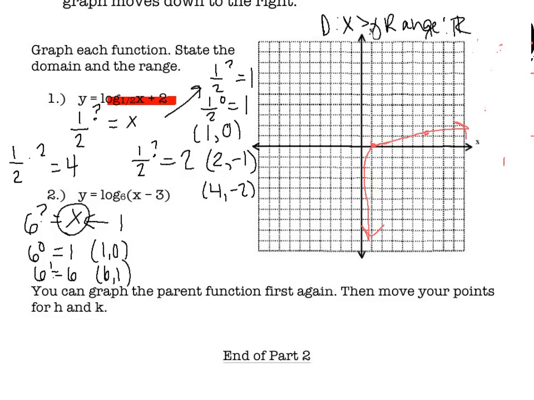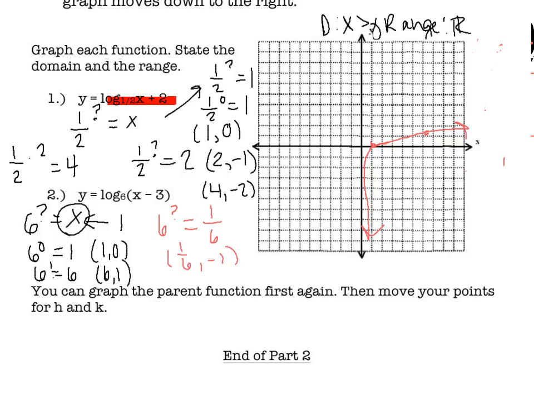So for example, 6 to some power, let's do, is 1/6. And that would be 6 to the negative first power, which means if I put 1/6 in, I get -1 out. So that point 1/6, -1 would be right about there on my graph.